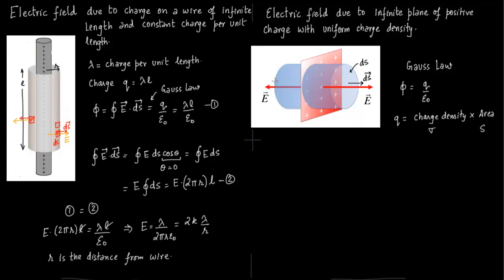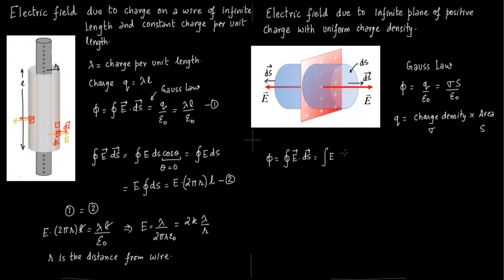Notice that again dS vector and E vector are both parallel to each other, so the angle between the surface vector and the field vector is 0. Notice how the field vector is coming out of the positively charged plate. The electric field vector always comes out of positive charge. So the flux is given as E vector dot dS vector, and you have to find the total E vector.